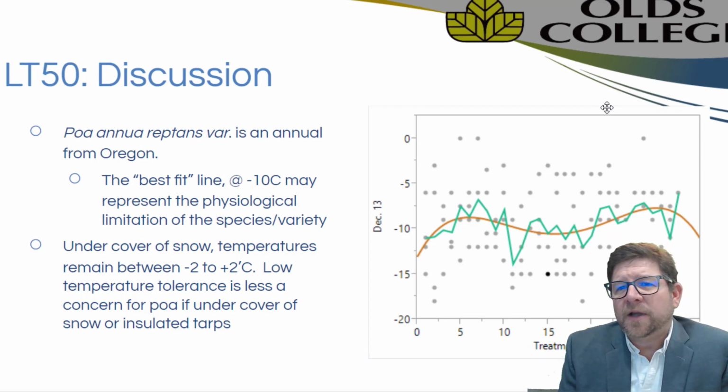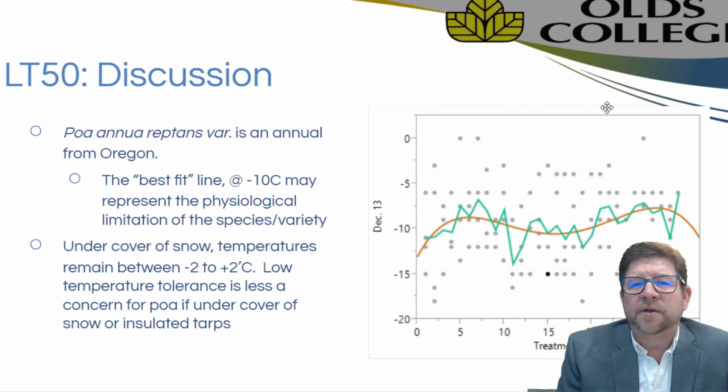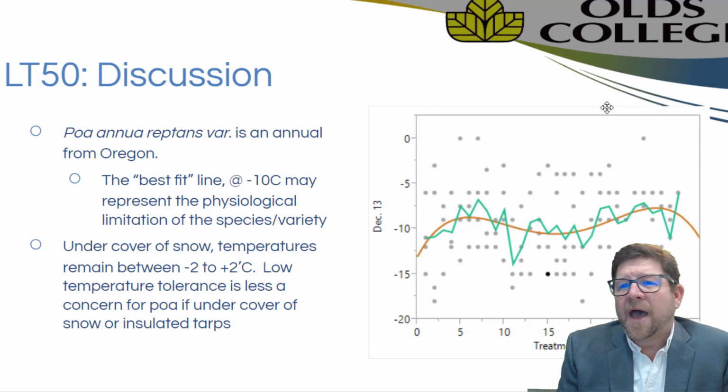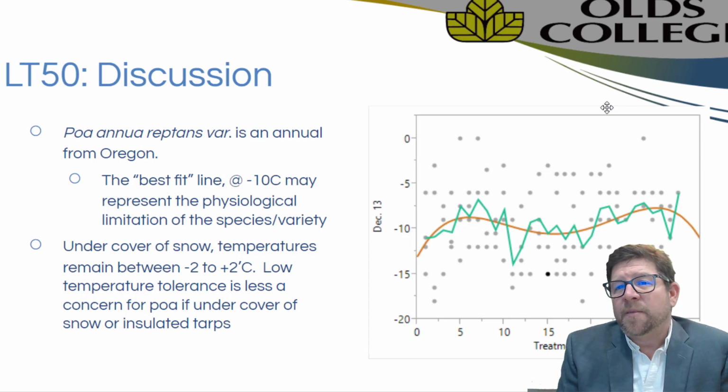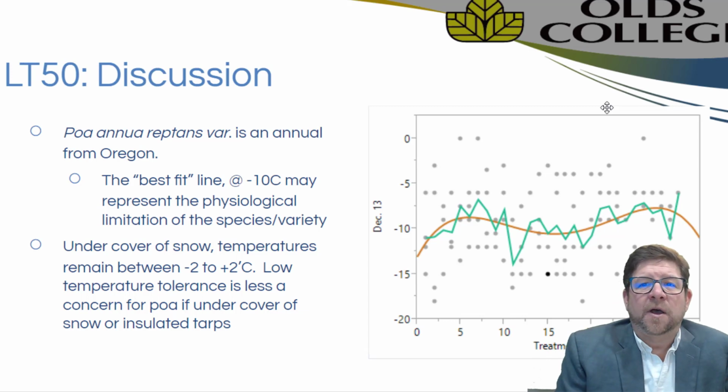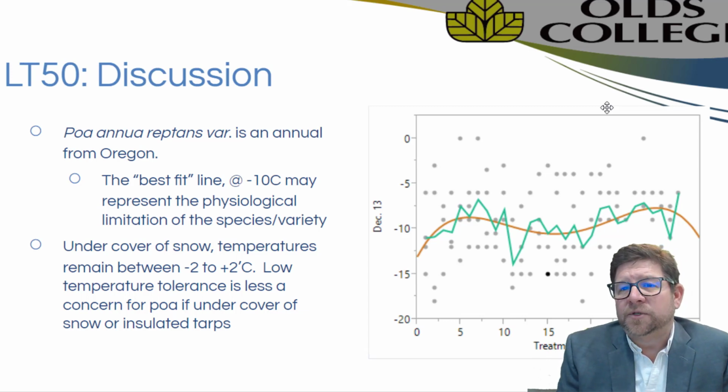If you look at the chart on the right with the treatments and follow that orange line, it shows the best fit line, or average temperature, which is roughly around -10, give or take. It does show a bit of a limitation. And remember, the applications there of N and K are all over the map. So that average best fit line really shows lethal temperature on an average for all those treatments.